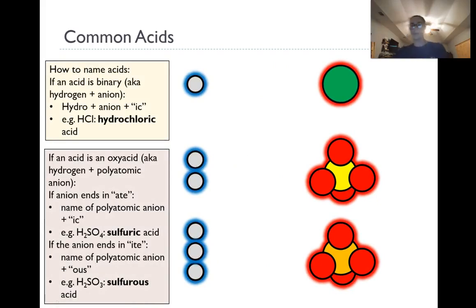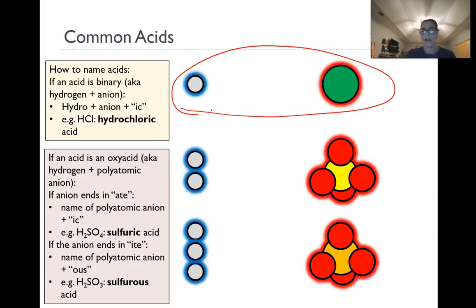Okay, so how do we name these acids? I'm not going to make you guys name really complicated acids, just the common ones, but there's basically two categories of acid. Those that are binary, which contain hydrogen and one anion, like this one, hydrochloric. If you see HCl, you know it is binary because I have two elements in it. The first one is hydrogen.